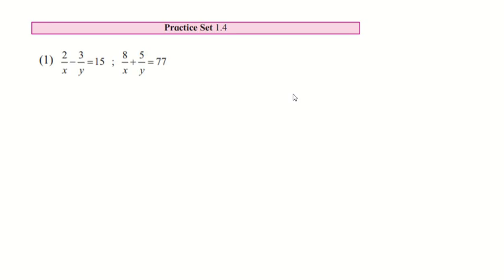Here it's not mentioned by which method we need to solve. As we are trying to make the equations in standard form and a little easier, let's substitute a is equal to 1 upon x and b is equal to 1 upon y in both the equations.